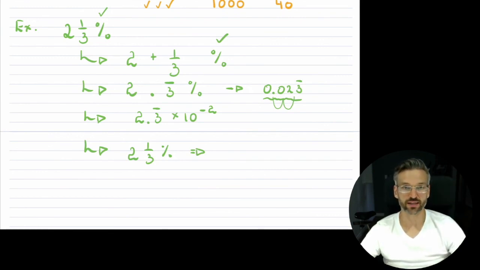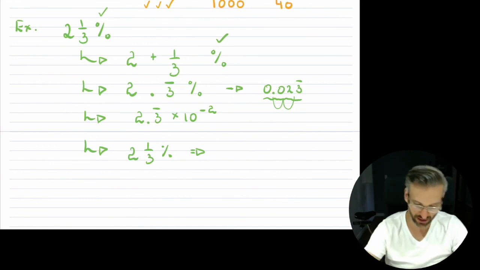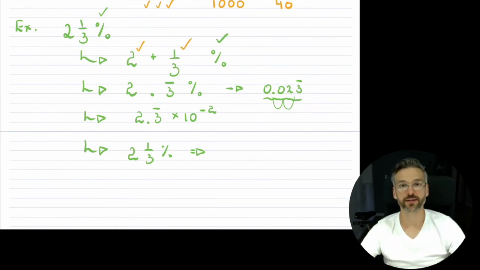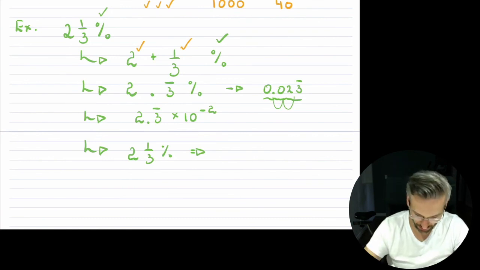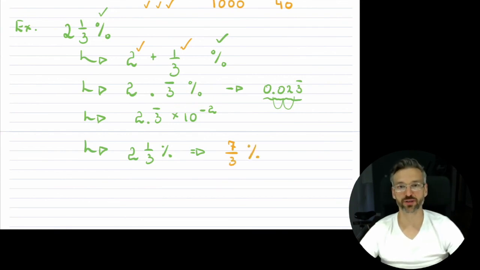We can simply break it down as we did on top, so 2 1/3, we know what that would be. Or we can just create an improper fraction right away. So notice 3 times 2 plus 1. That's 7/3. That's what this would be as an improper fraction.